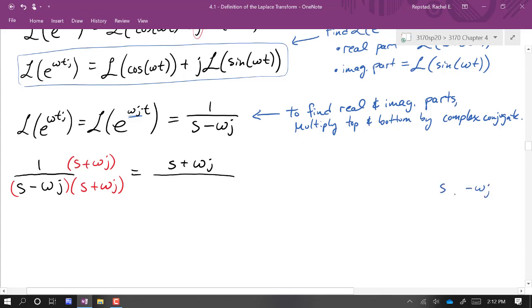S minus omega j, s plus omega j, s squared minus s omega j plus s omega j. And now here we have a negative omega squared times j squared, and j squared is of course -1, so that's a plus omega squared.